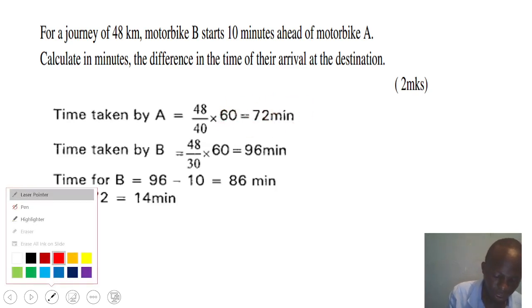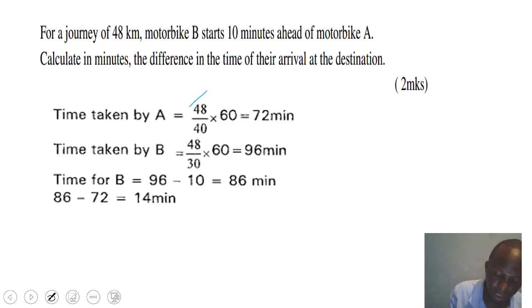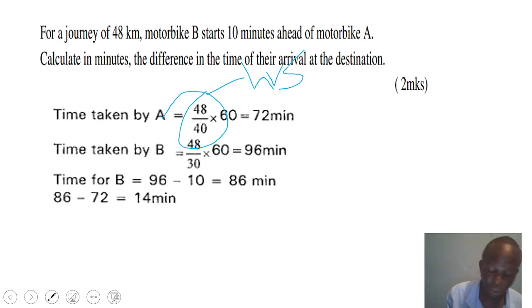Remember that the time calculated will be in terms of hours. For us to get the time in minutes, we have to multiply by 60 because 1 hour is equal to 60 minutes. That's why we multiplied by 60 and got 72 minutes.